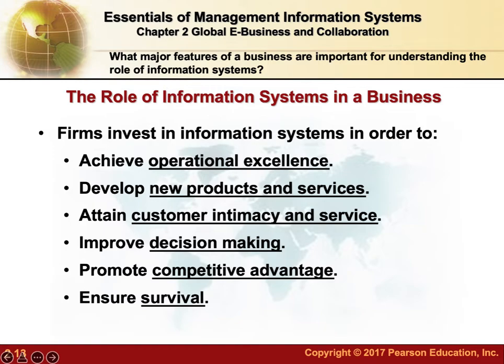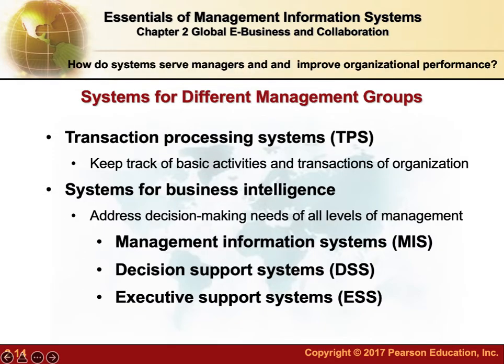Other systems we have on the market, for example, TPS, transaction processing system. It could be a payroll. Other intelligent business systems, we have MIS, management information system, DSS, decision support system, and executive support system, ESS. So let's take a look at the first one, TPS.